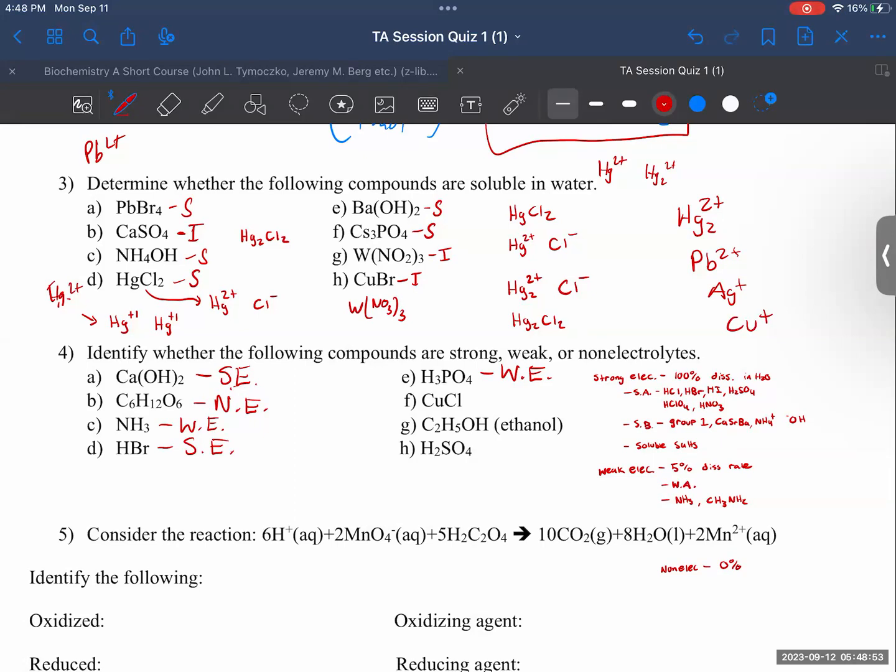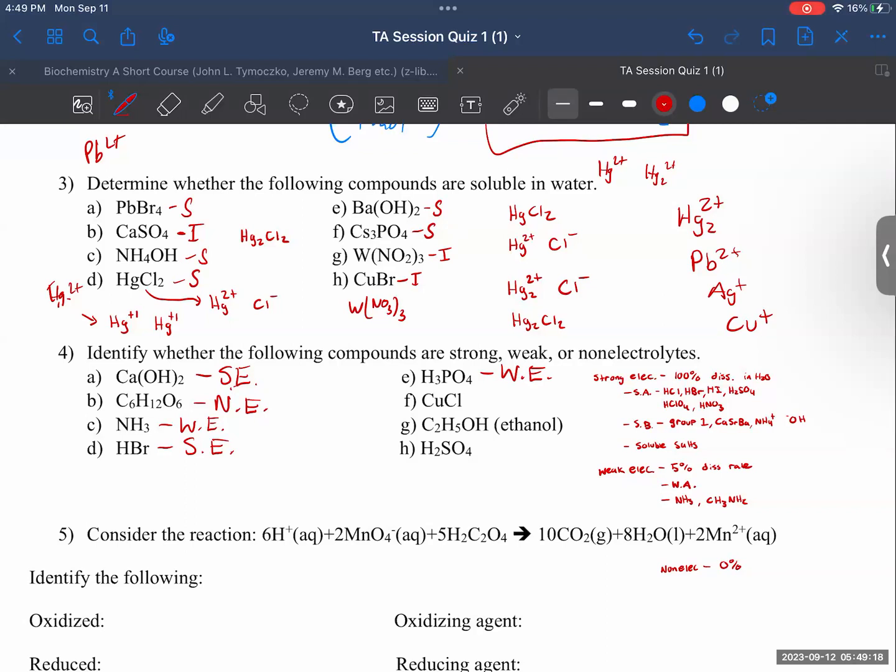Lead, mercury, silver. I remember those 3 by just thinking of PMS. P for lead, M for mercury, even though that has an H, and then S for silver, all right? And then copper +1. So PMS and copper 1 are going to make chlorides, bromides, and iodides insoluble.